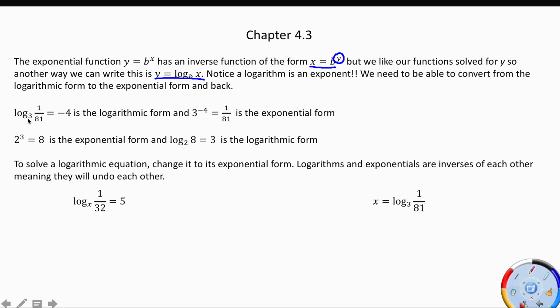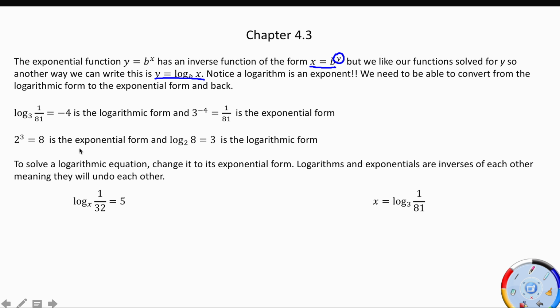So I know this is my base because I want to always read that log with base 3. And since a logarithm is an exponent, this is my exponent. 3 to the -4 is 1 over 81. That's the exponential form. Logarithmic form, exponential form.